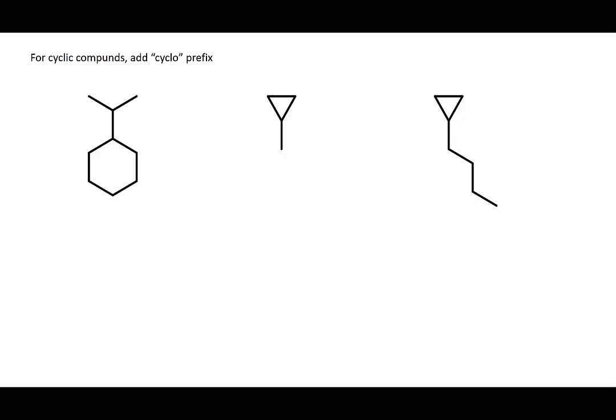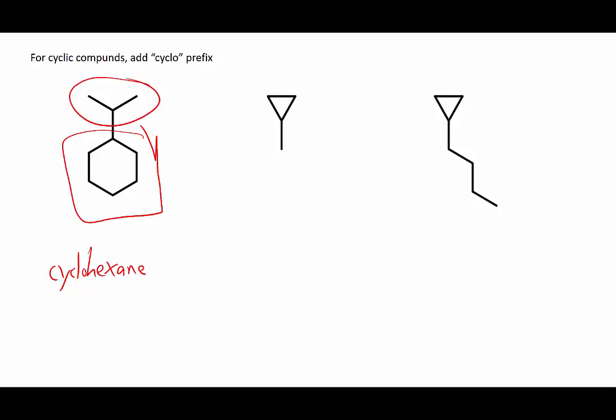Finally, if we have a cyclic compound, we're going to add the cyclo prefix. So the longest chain in this case is actually 6 carbons, but it's in a circle or a ring. So we will call this cyclohexane. That's our base compound, our root name. The substituent here you may recognize as an isopropyl group. So this is 1 isopropyl. We're giving it the lowest number.